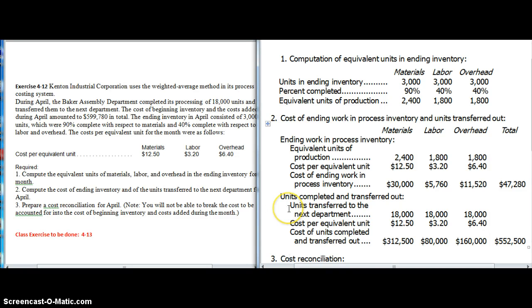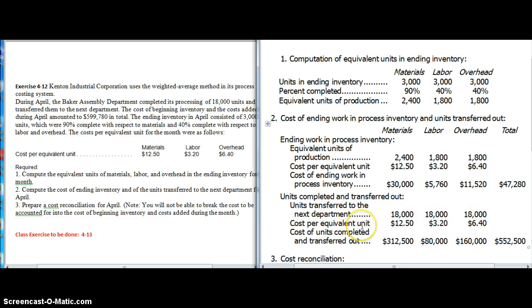First, you need how many units have been transferred to the next department, which is given in the question as 18,000 units. The Baker Assembly Department completed its processing of 18,000 units and transferred them to the next department. So you will write 18,000 under materials, labor, and overhead.